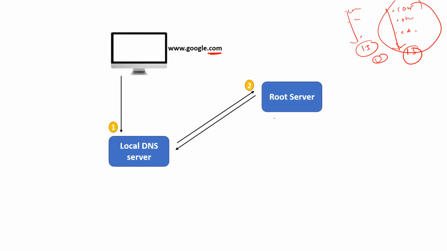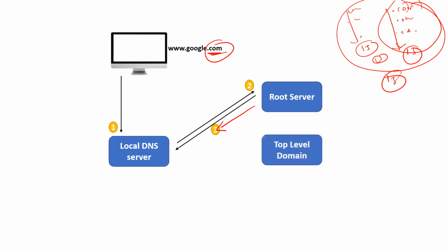Root server consists of information about all 13 root servers. What you are trying to access is .com, so it will provide the IP address of the .com servers. This is called the TLD server, top level domain. So it will send a request again.